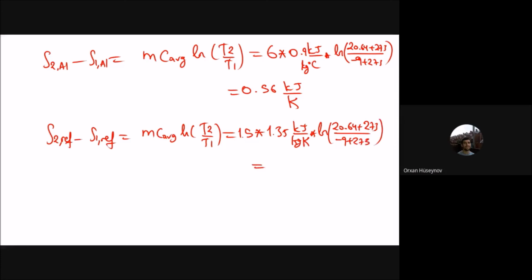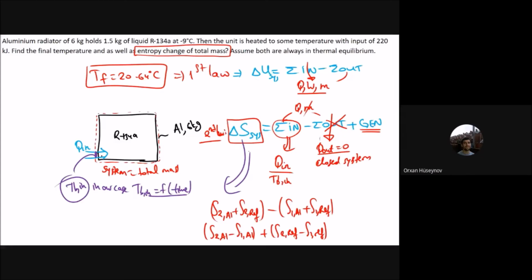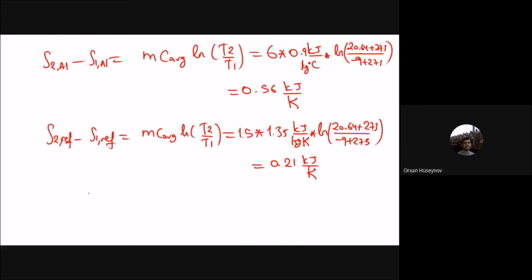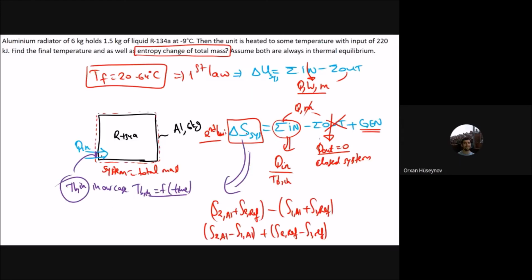And this one will be equal to 0.21 kilojoules per Kelvin. Since I'm interested in this one plus this one, I'm interested in delta S total, and that will be equal to 0.56 plus 0.21, which is 0.77 kilojoules per Kelvin. I have found the left-hand side, and the question has been solved.